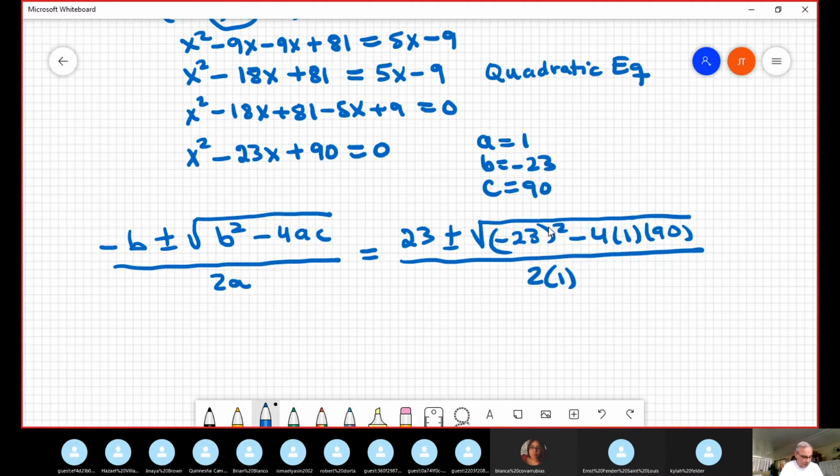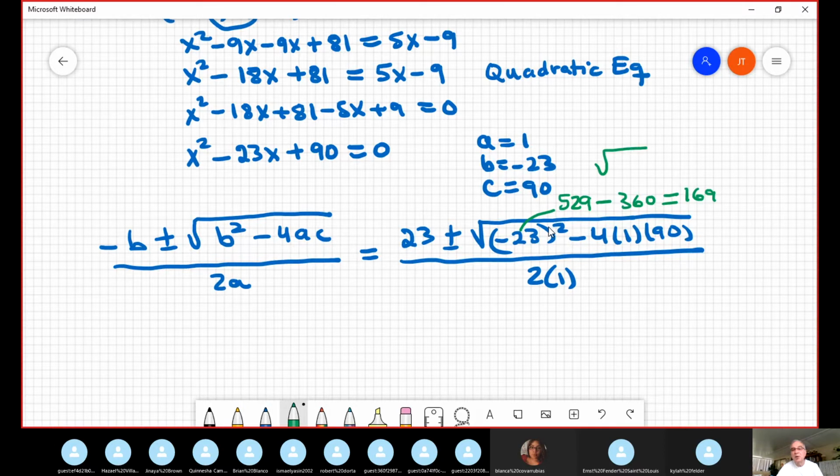23 squared is 529. Minus something. 4 times 90 is 360, no? It's obvious. So 529 minus 360 is 169.